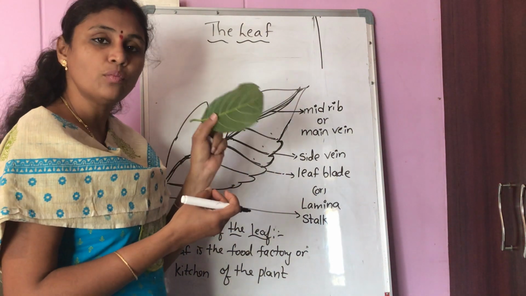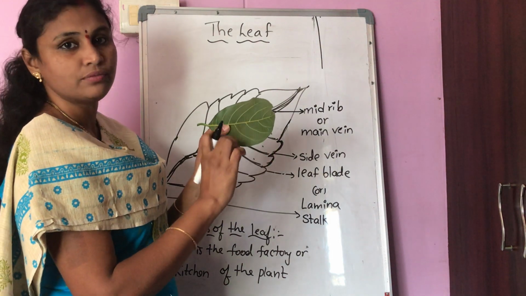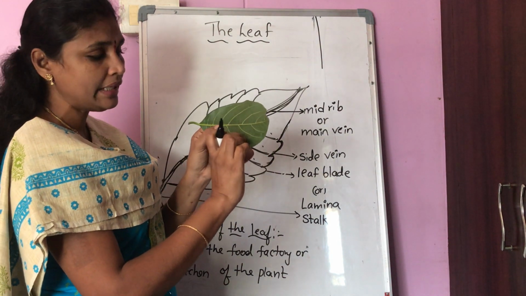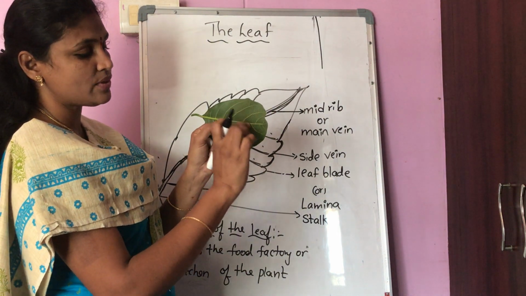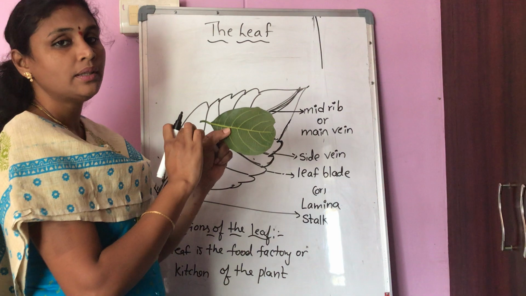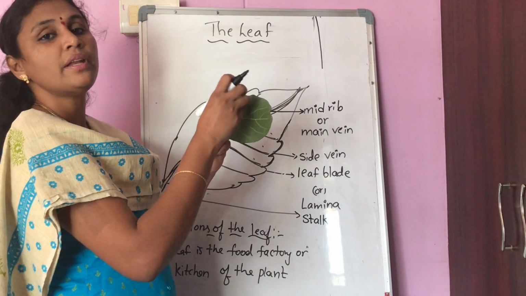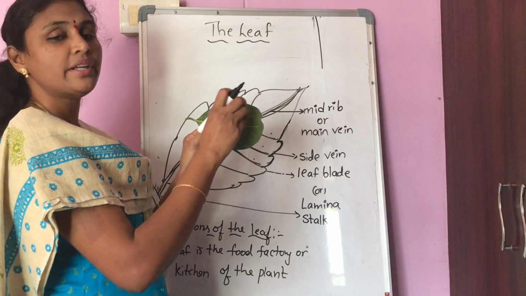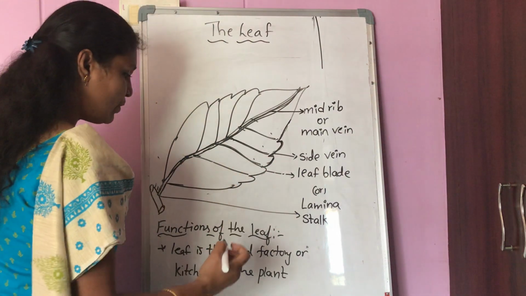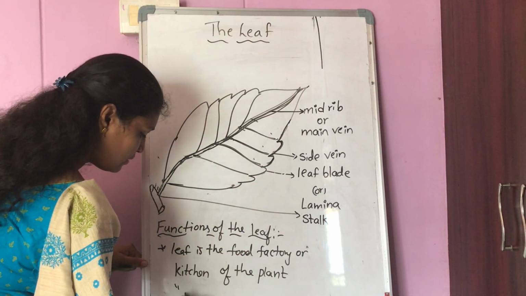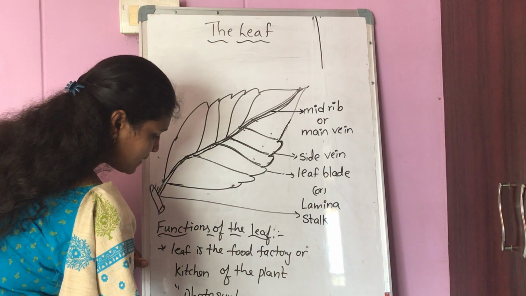With the help of air, water and sunlight, this green leaf prepares the food, and after preparing, it sends it through the midrib and side veins to all parts of the plant, and then the plant grows. The leaf preparing food with the help of air, water and sunlight: what is that process called? Photosynthesis.